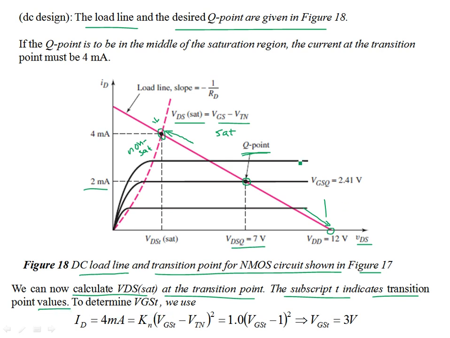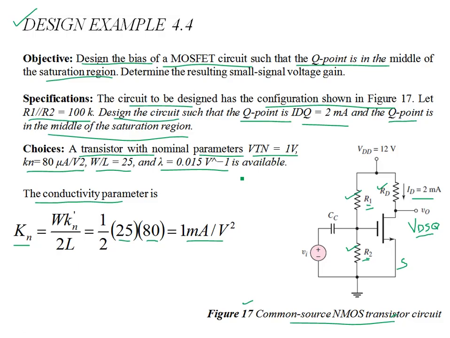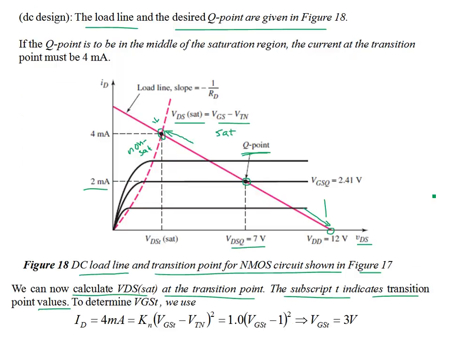How do we determine it? In the question, the quiescent drain current should be 2 milliamps, and the outcome of the design should be such that with these biasing resistances, the gate source voltage gives a drain current of 2 milliamps, in the saturation region.